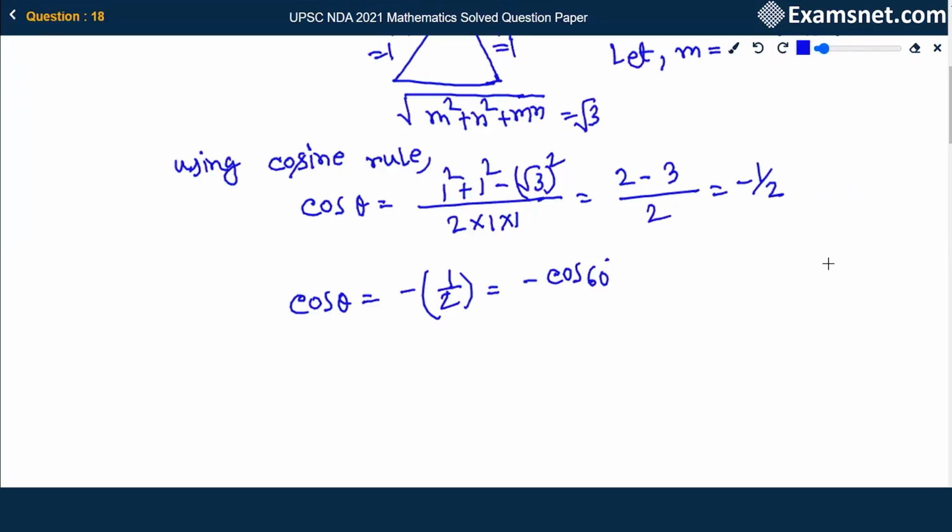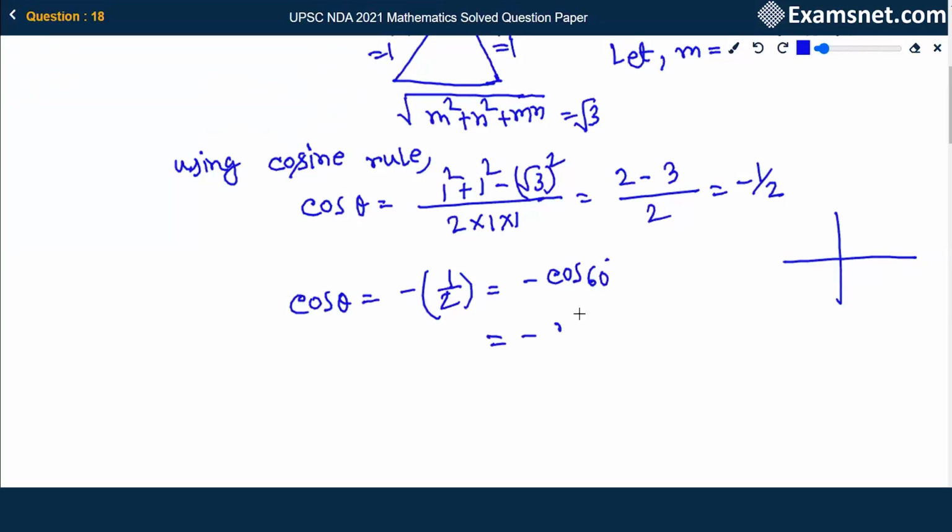Minus of cos 60 degree means here we are going to explain the concept of angles. Look here, minus cos 60 degree lies in which quadrant? It is in either the second quadrant or the third quadrant.